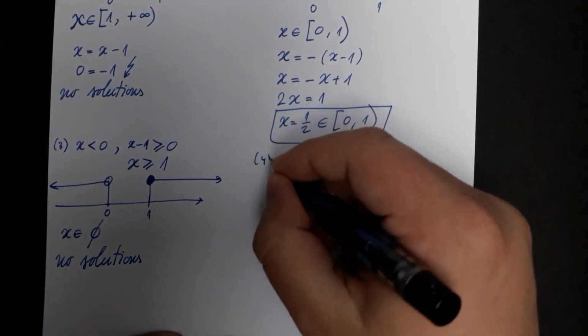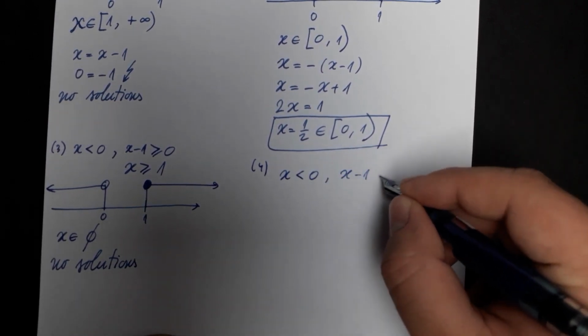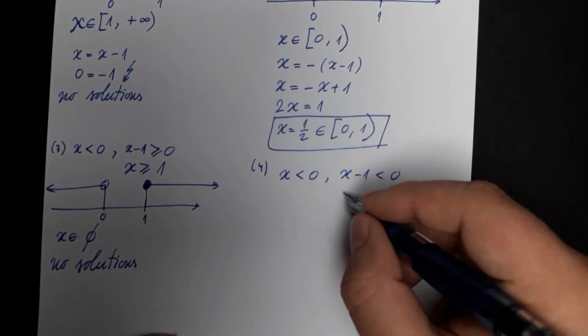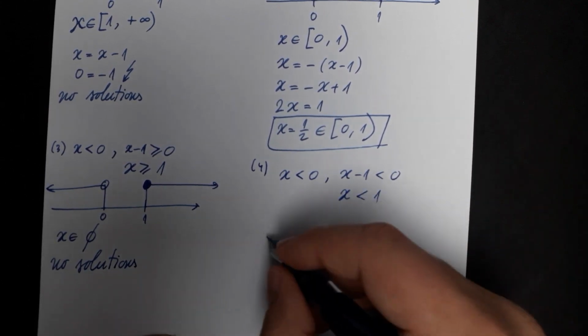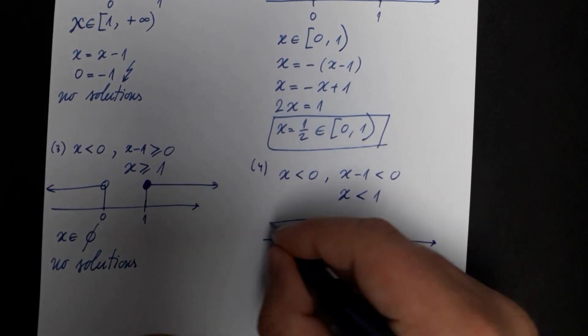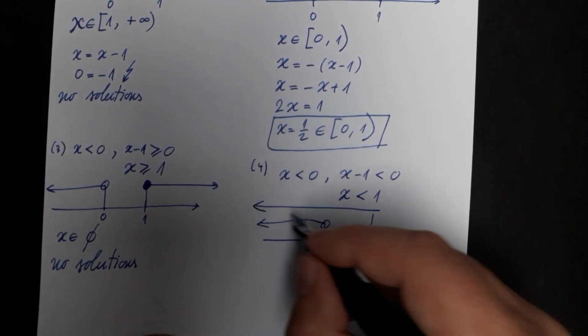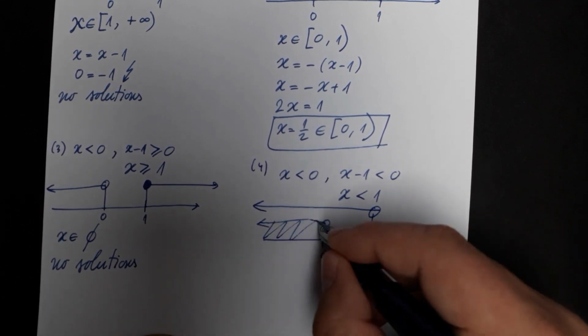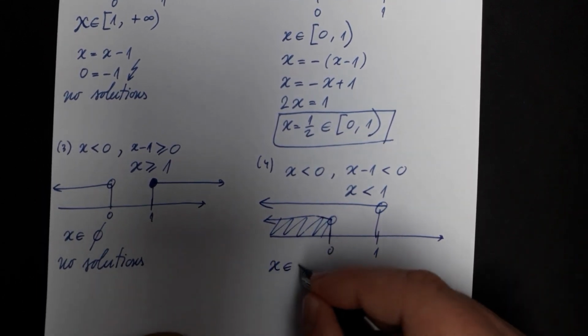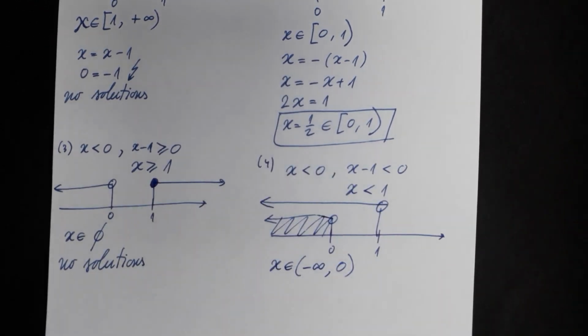Now the fourth case is for x smaller than 0 and x minus 1 smaller than 0. X is smaller than 1, and basically that leaves us with this interval without 0, and this one without 1. The intersection is this one, so x belongs to the interval from negative infinity to 0, without 0.